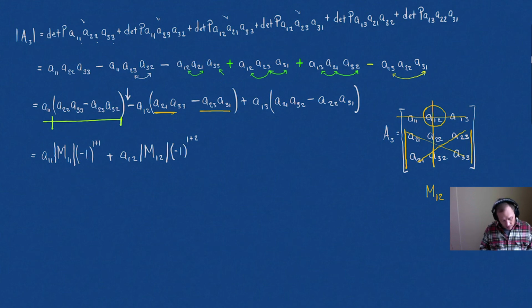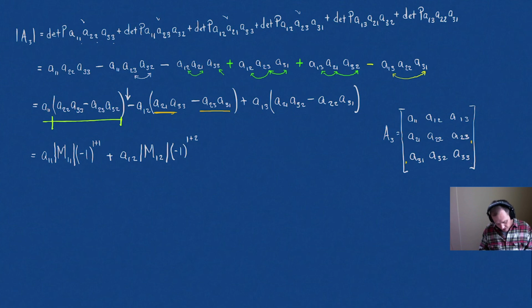Then let's go to our next one. So I'm going to erase this orange, and let's go to another color here. I need this pink. And the pink says, start with A13. That means then remove row 1, column 3. Well, here's my resulting subdeterminant. And notice that this matches up.